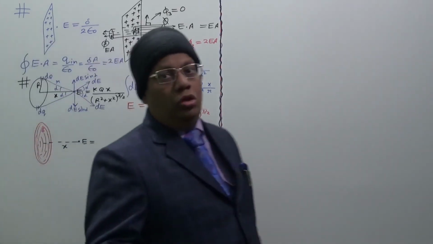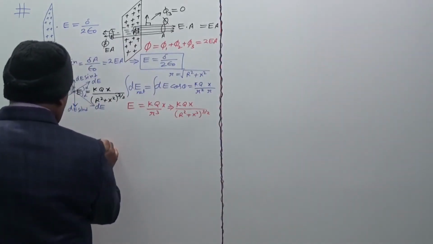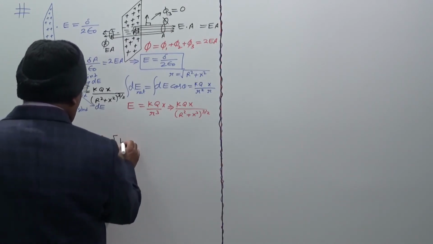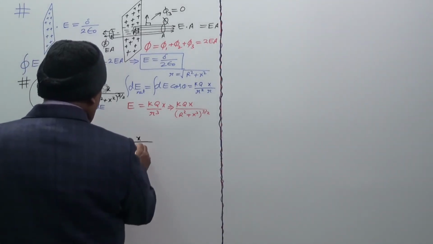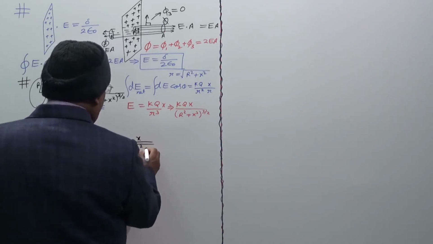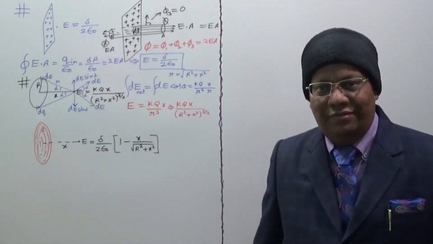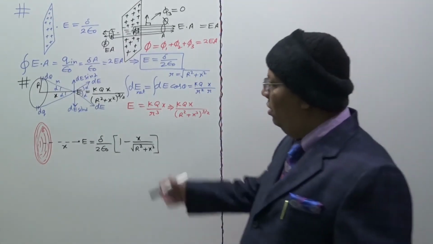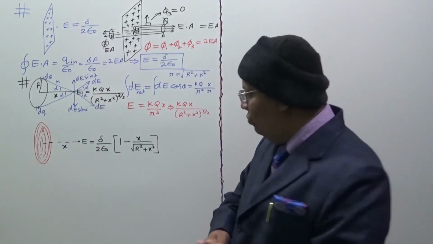As I used in the question, it is small sigma upon 2 epsilon naught in bracket 1 minus x upon under root r square plus x square. I use this. From where does this come? Let's see how.